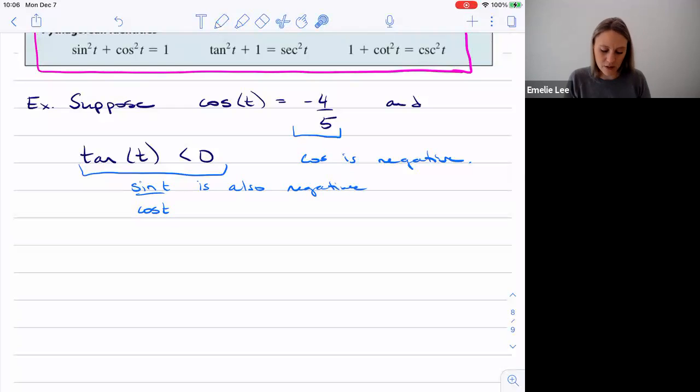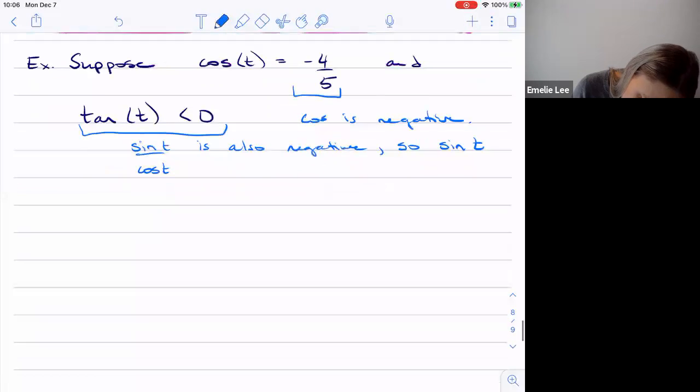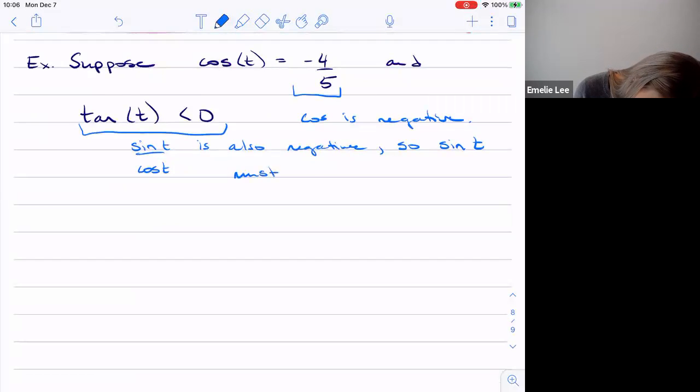In order for that to be able to happen, if cosine is already negative and I need it to stay negative overall, then sine t must be positive. No, sine t must be positive. So sine t over cos t is also negative, so sine t must be positive.